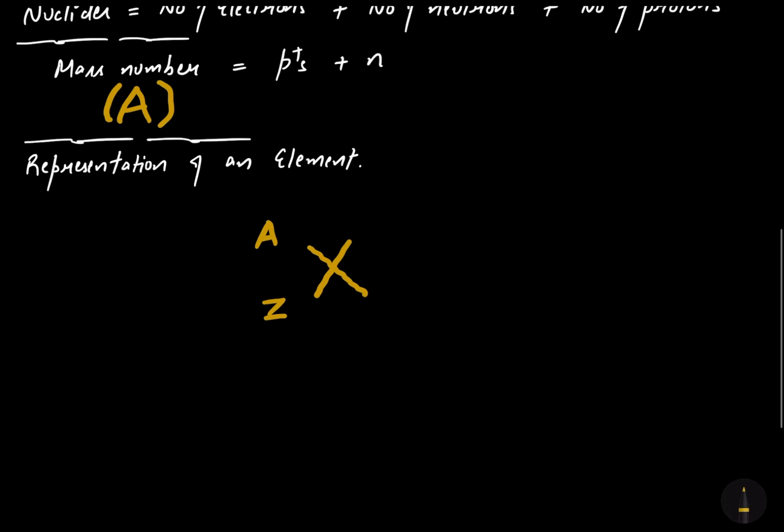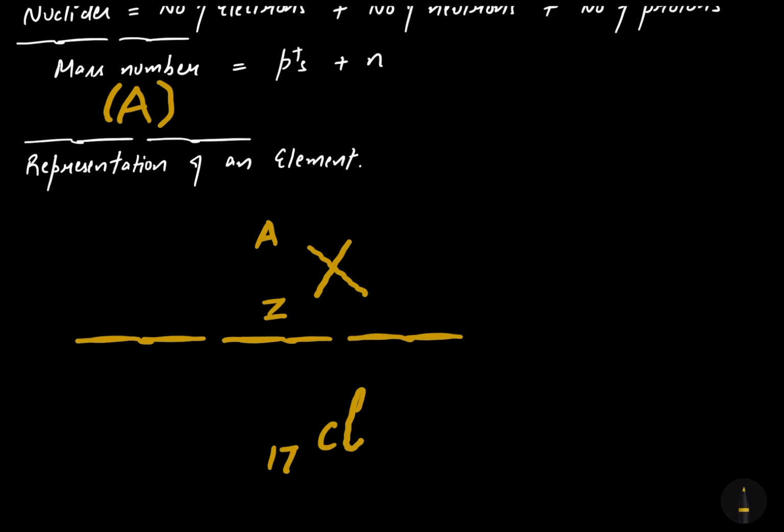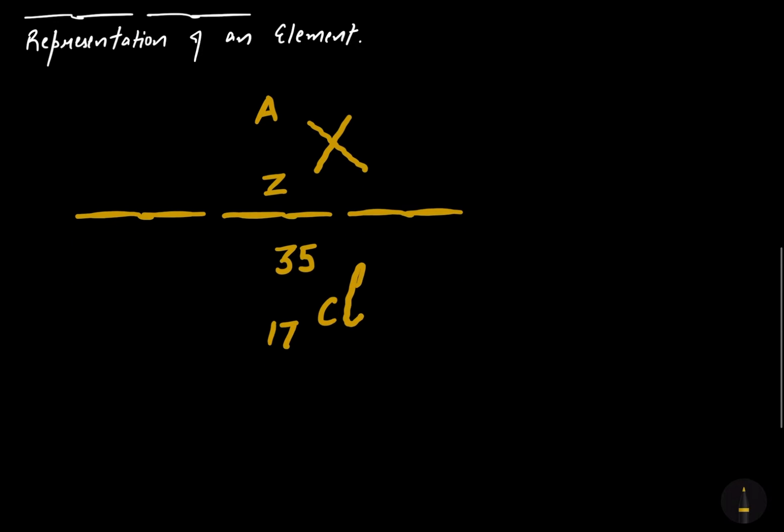Now let's take an example of chlorine. What's the atomic number of chlorine? It's 17. What's the mass number of chlorine? It's 35. So this is the representation.